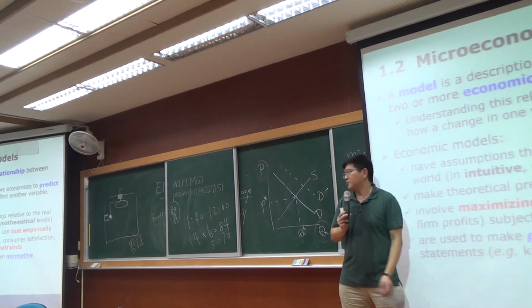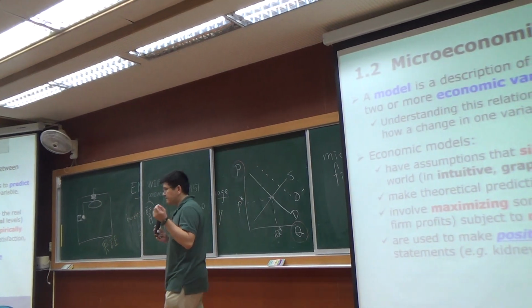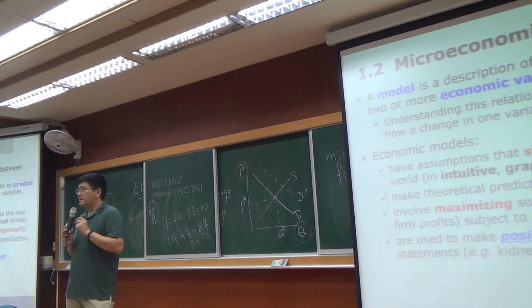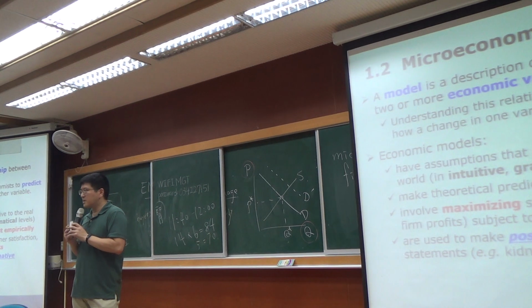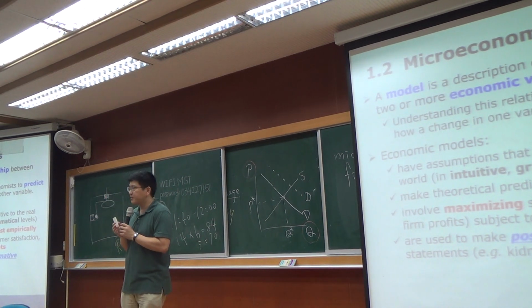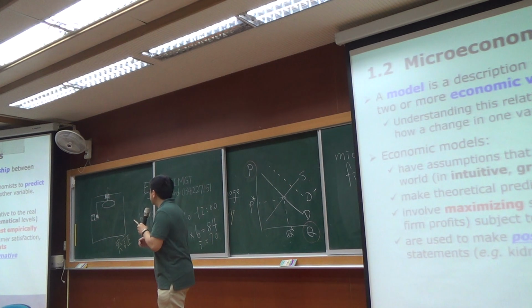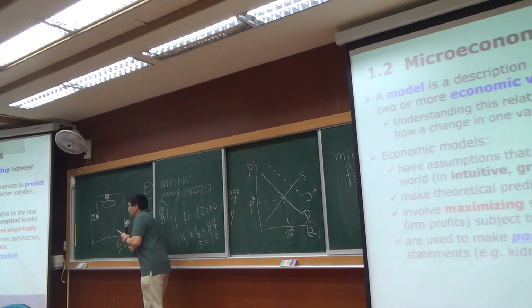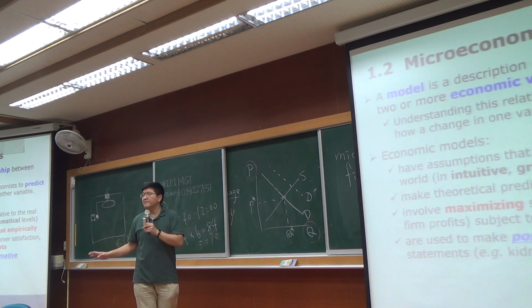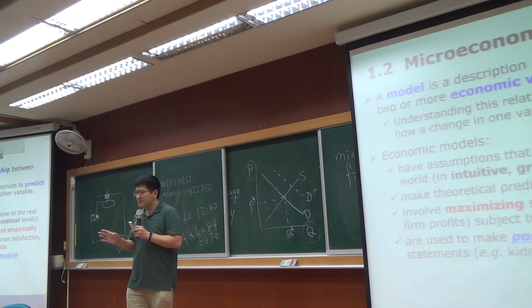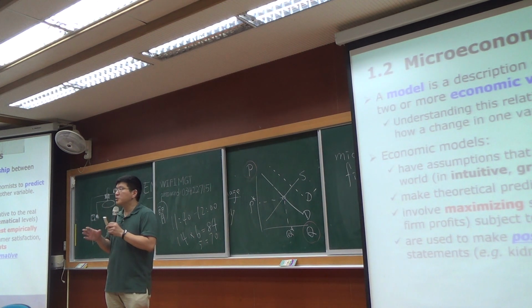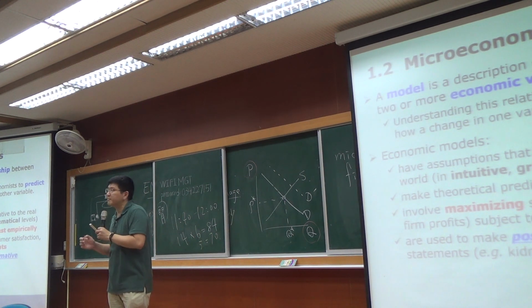So normative statements, which means a value judgment, it's not about correct or not. It's about you should do it or you should not do it. So this kind of statement cannot be tested empirically, cannot be tested by the data. It's not about the evidence. It's about you ought to do something or you ought not to do something.